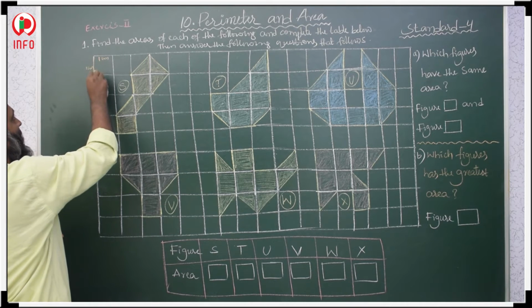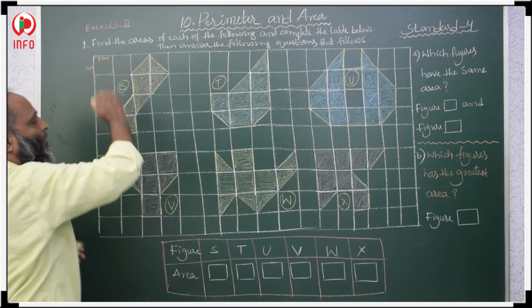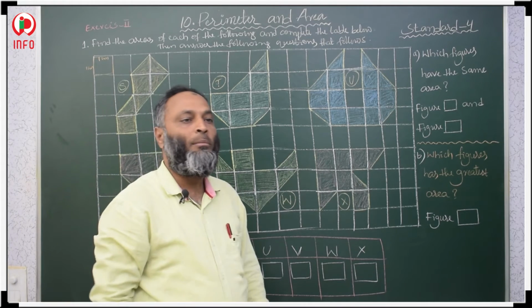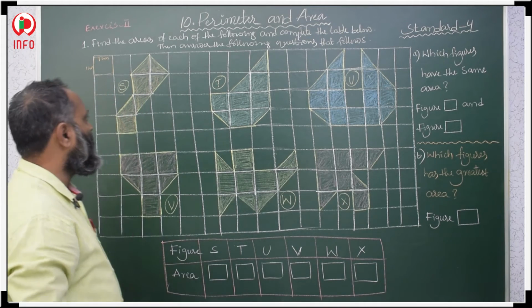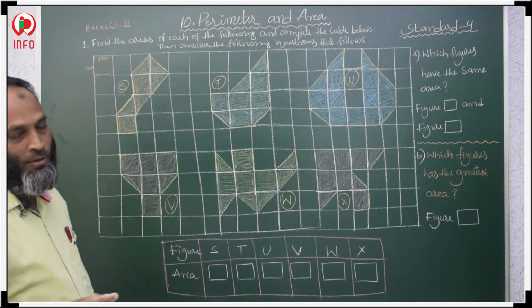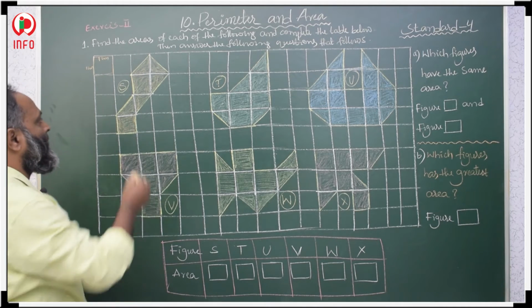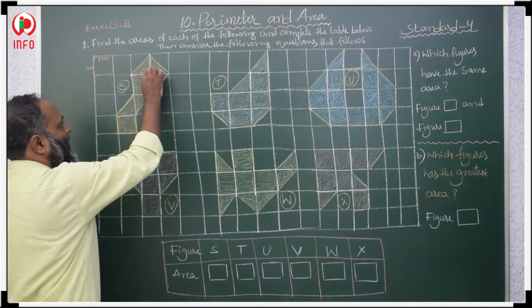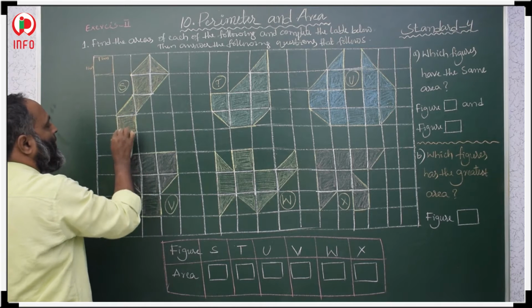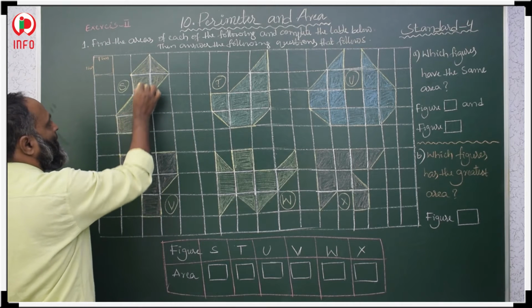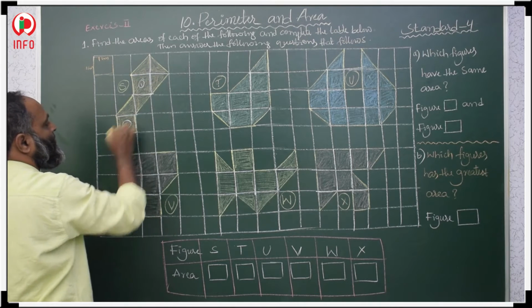First we should count the complete squares. This is 1, and this is 2.